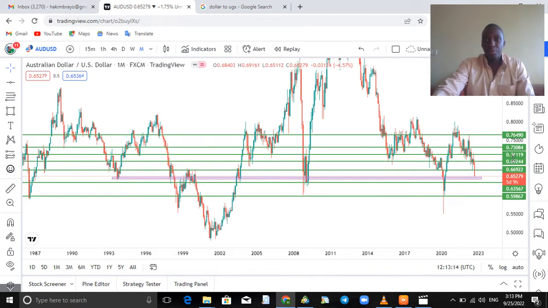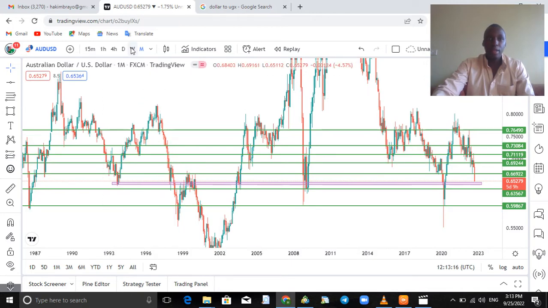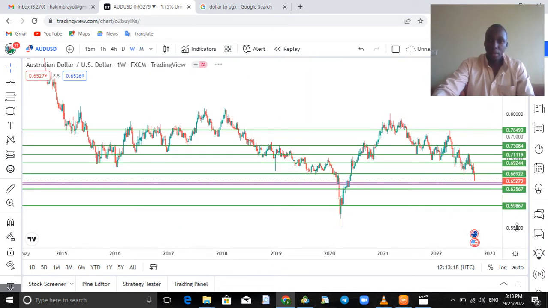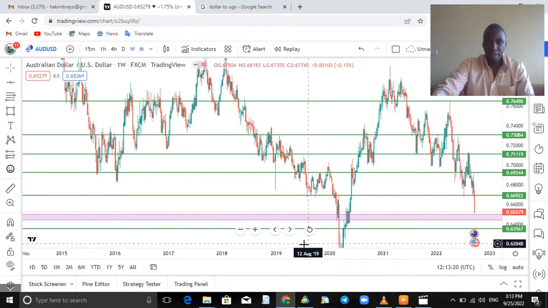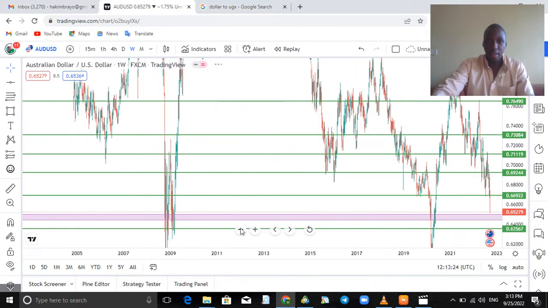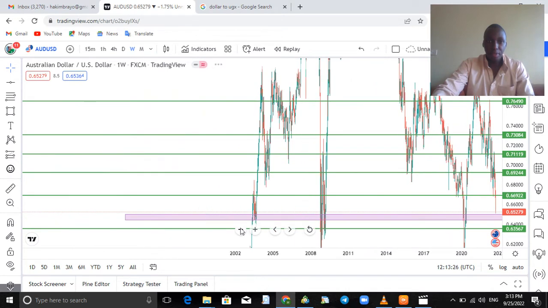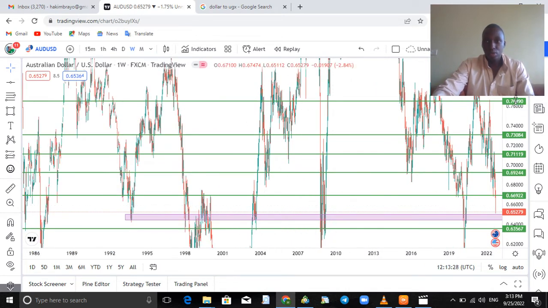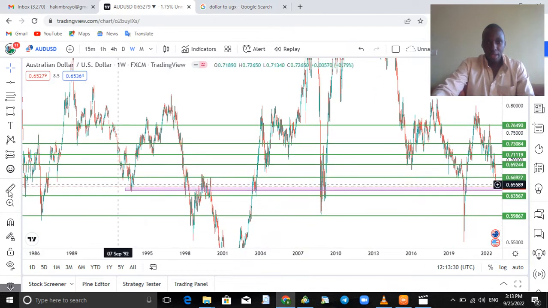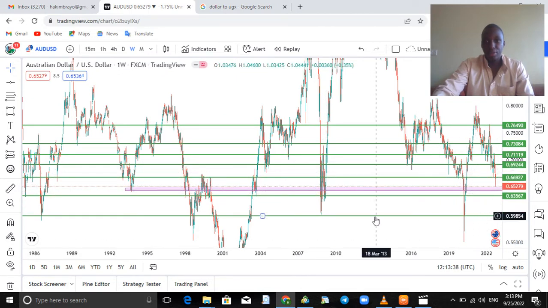Now I'm going to head to my weekly time frame. In my weekly time frame, you can clearly see the zone which we catered for in the monthly time frame. I'm going to zoom in. I think you can see we had our first touch, second touch, this was a fake out, third touch, fourth touch, and this was also another fake out.